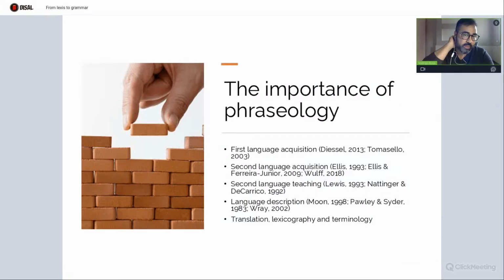I told you that we were going to talk about the importance of phraseology. Many of us, when we talk about phraseology or when we think about chunks of language, instantly think about second language learning and teaching contexts. But it's important for us to bear in mind that phraseology is a relevant level of analysis and discussion in various different areas of language investigation.